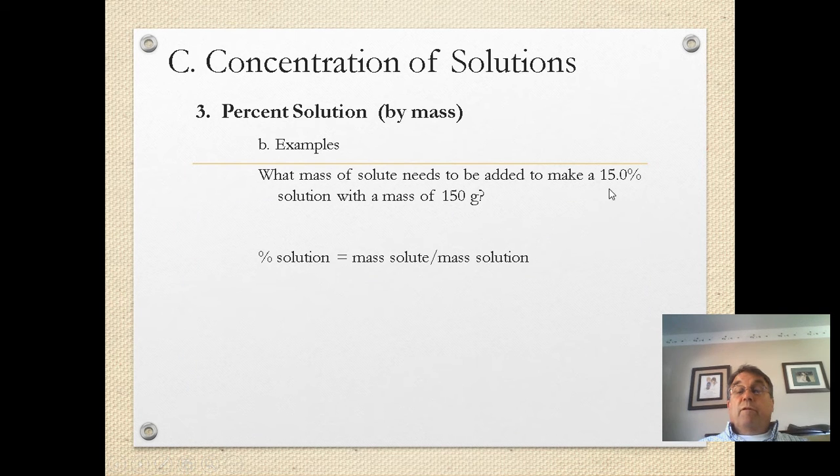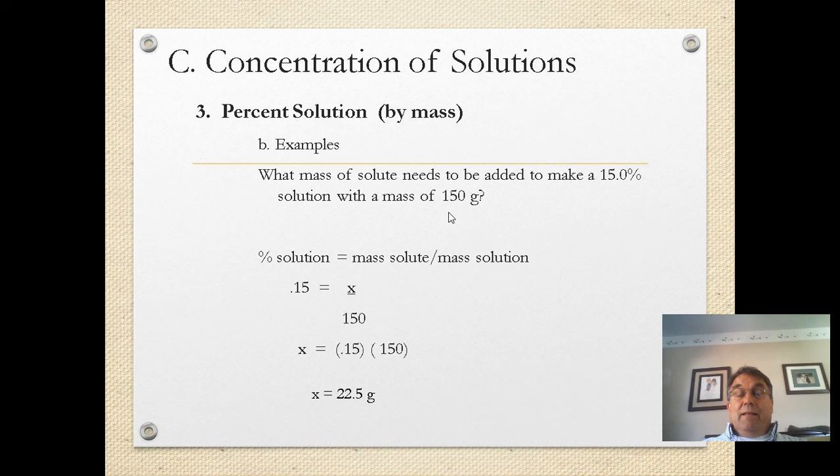Now some of you will forget that when you're working with percents, you use the decimal form. So you have to change the 15% to 0.15, and then you can make the mass of the solute X and the mass of the solution 150. Okay. Then solving for X, you cross multiply and you get 22.5 grams of solute.